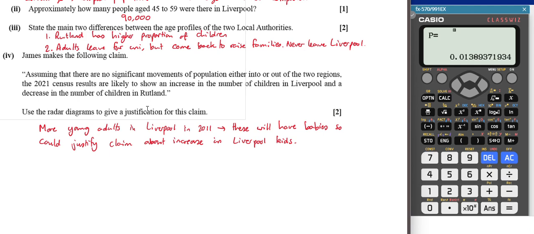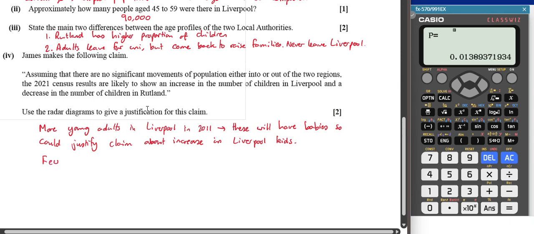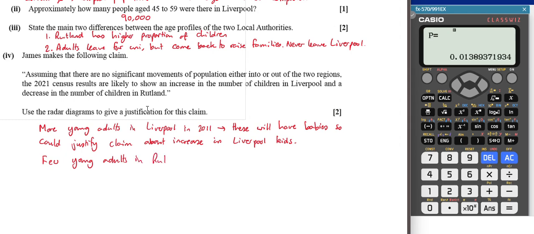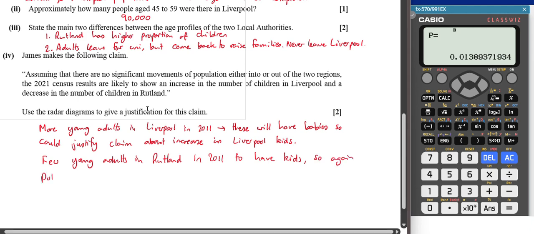There are few young adults in Rutland in 2011 to have kids. So again, potentially justifies the claim.